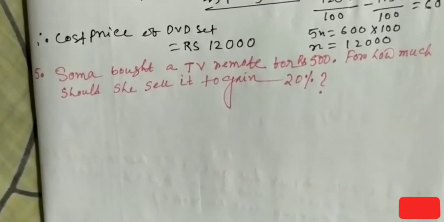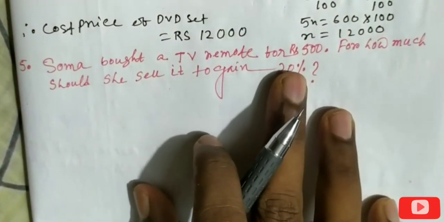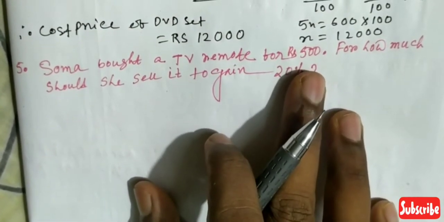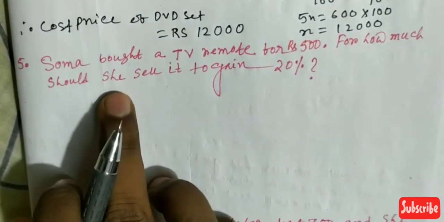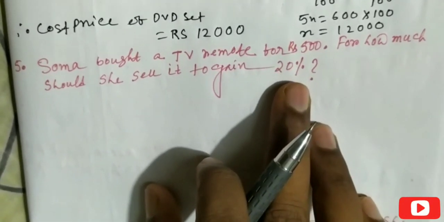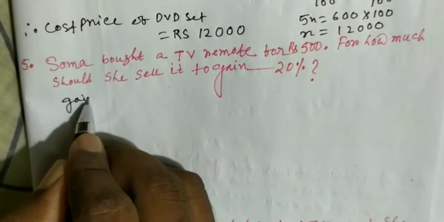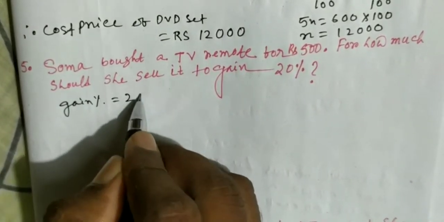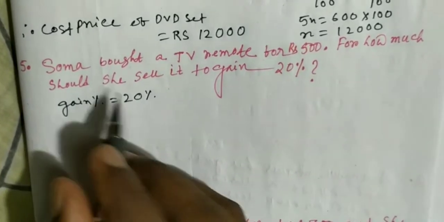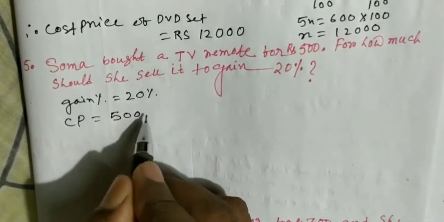Question number 5. Soma bought a TV remote for rupees 500. For how much should she sell it to gain 20%? So, gain percentage is equal to 20% and CP is equal to 500.